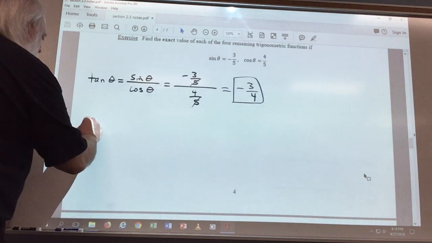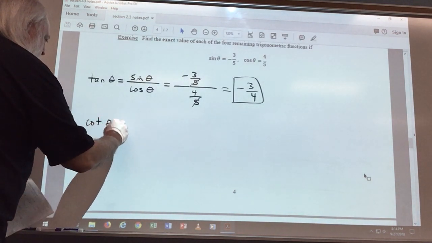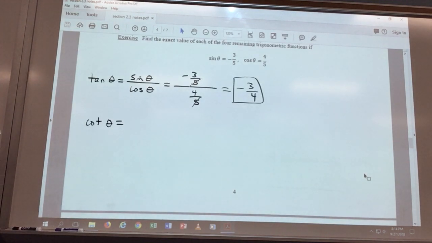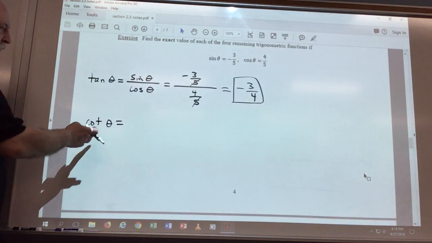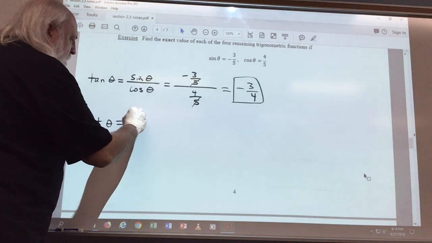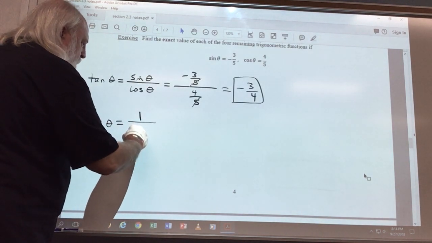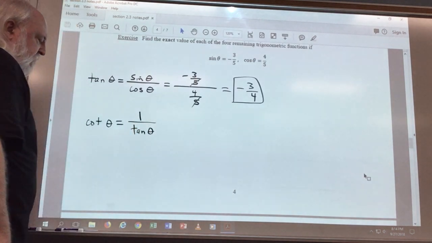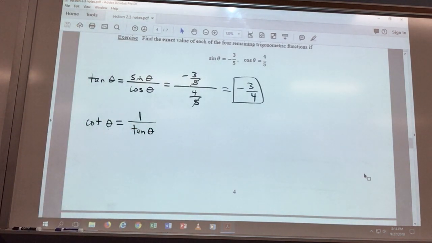Cotangent theta can be found one of 2 ways, right? You can find it by writing this as cosine theta over sine theta, or you can take advantage of the reciprocal identity that cotangent theta is equal to 1 over tangent theta.